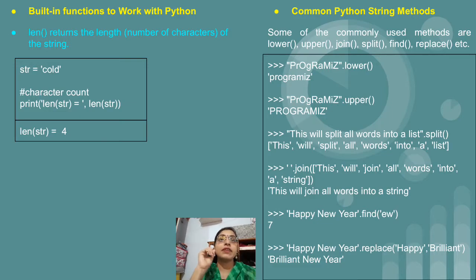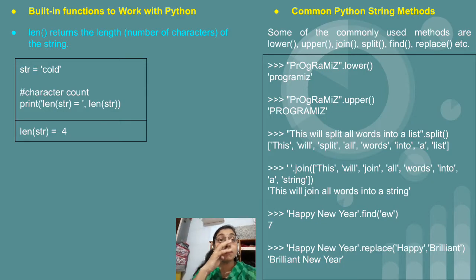In the example we have initialized one string, str equal to 'cold', and then we have printed the statement 'length of str equal to', and then made use of the len function, len in round brackets str. So it will calculate the length of the string. So cold is our string and it contains 4 characters. So the length of the str string is 4. This we will get as the answer.